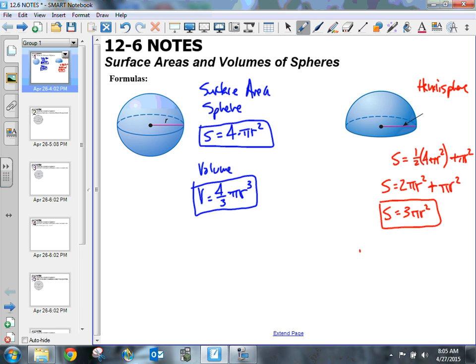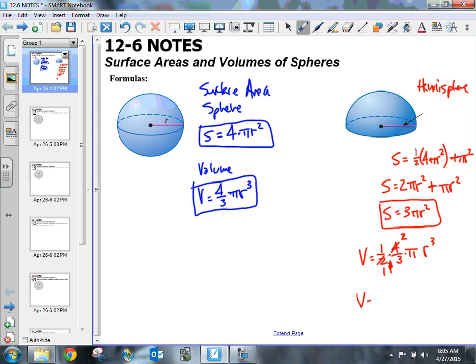Now the volume, this one's a little bit easier. We can just take this volume for a sphere and divide it by 2. So I'm going to take 1/2 times 4/3 times pi times our radius cubed. And the 4 and the 2 divide out to 2.